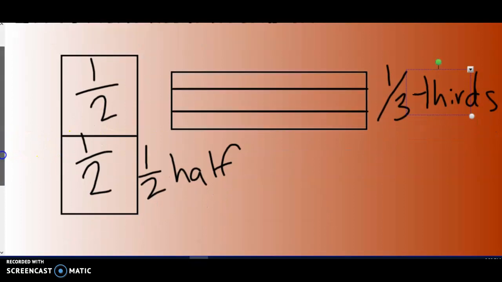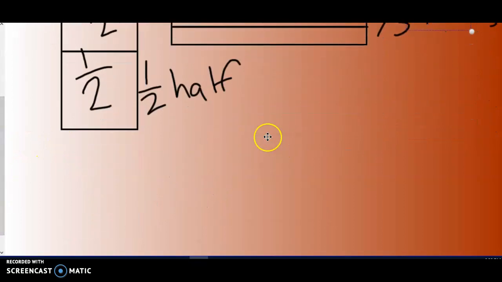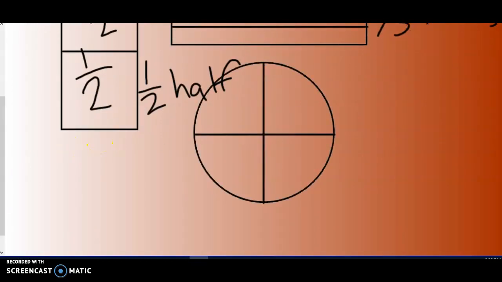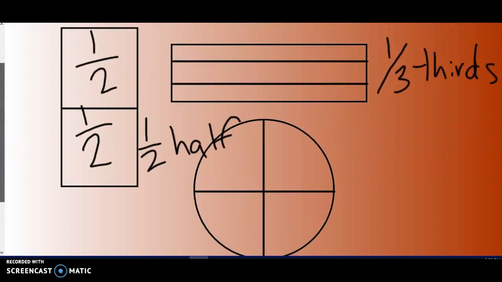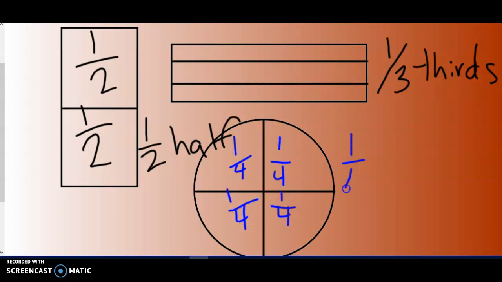Let's see what else we have. This circle is split into what? How many pieces do we have? I see 4 pieces. So then this is split into what? Fourths.